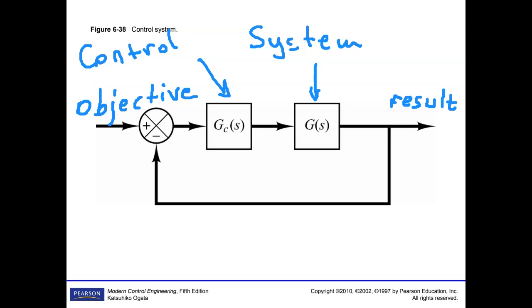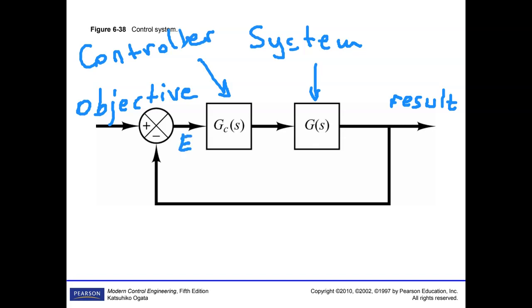It should be as good as possible or as precise as possible. That means your steady state error should be 0 or almost 0. Steady state error. What's error, by the way? Error is this one.